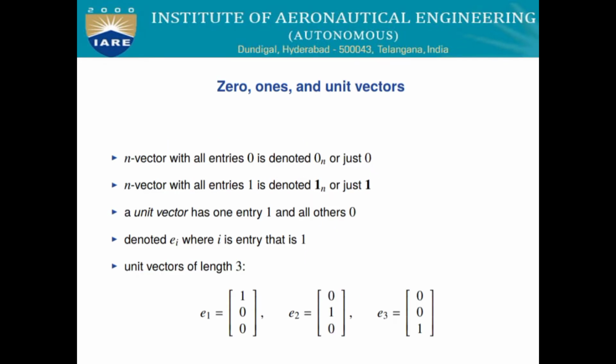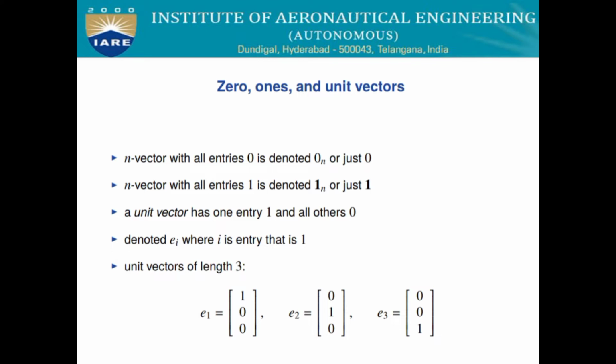Zeros, ones and unit vectors. The n-vector with all entries 0 is denoted 0_n or just 0. The n-vector with all entries 1 is denoted 1_n or just 1.